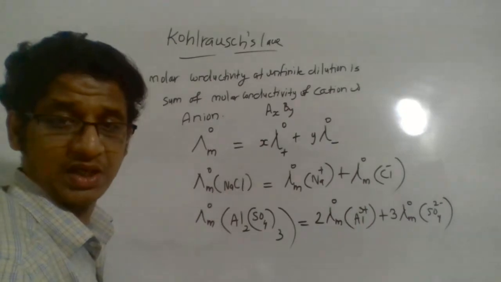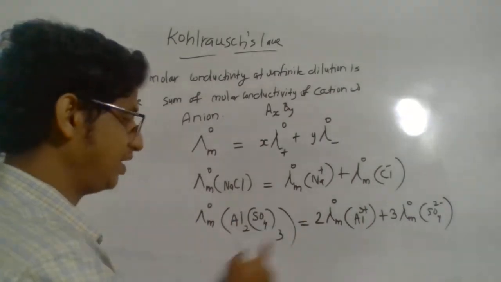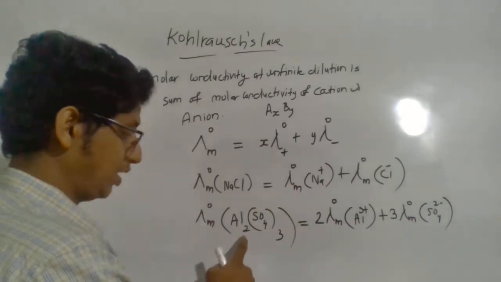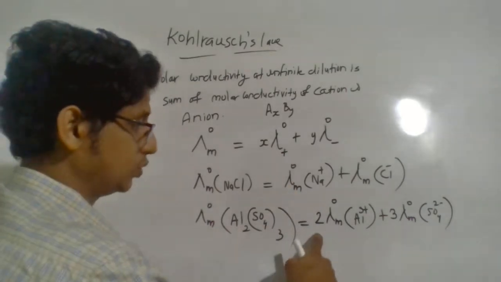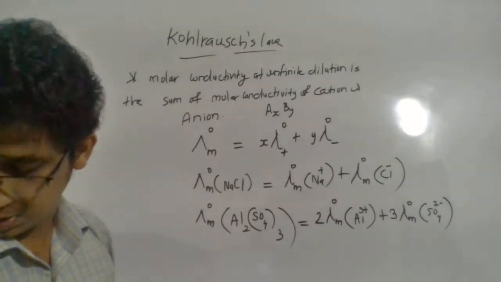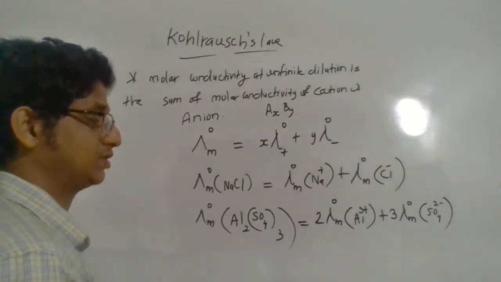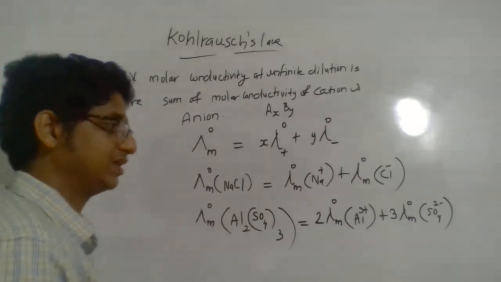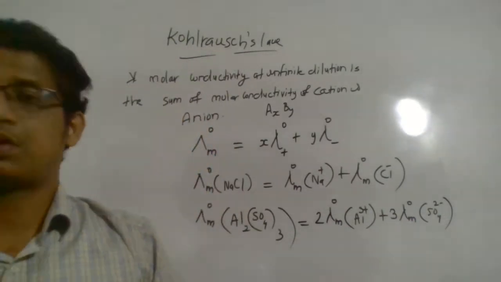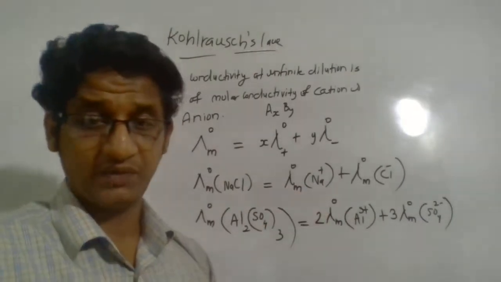So what is the value for molar conductivity at infinite dilution for aluminum sulfate? It is, 2 aluminum atoms are there, 2 lambda m0 Al3 plus, plus 3 lambda m0 SO4 2 minus. This is the way you can find the molar conductivity of an electrolyte at infinite dilution.